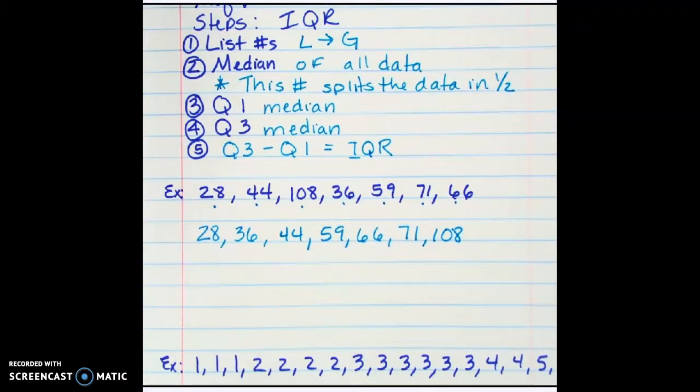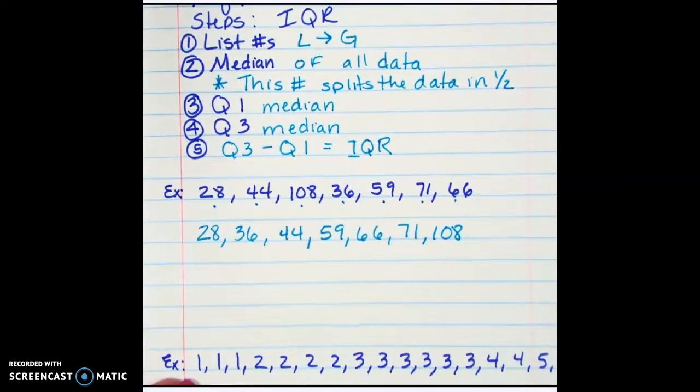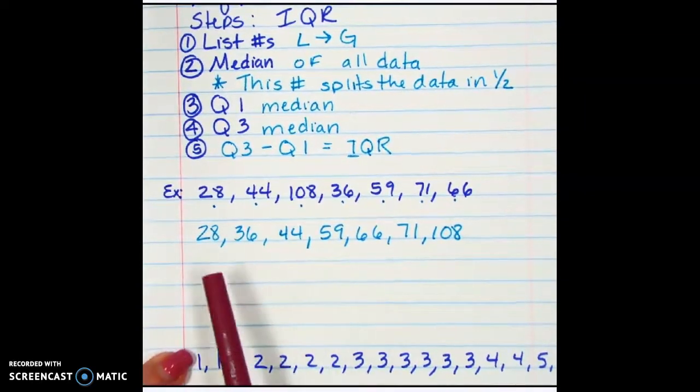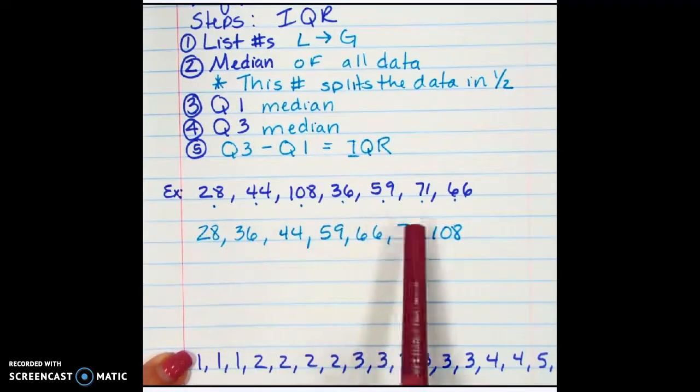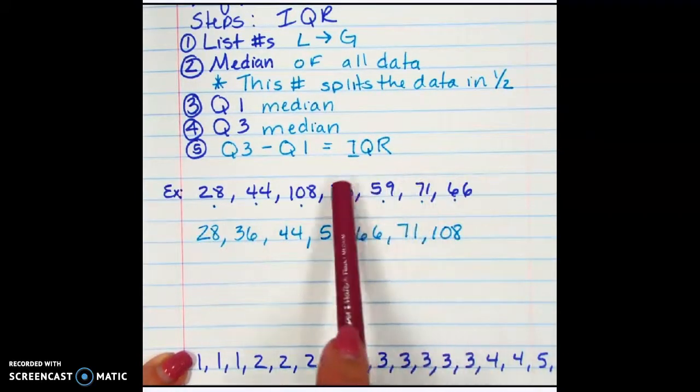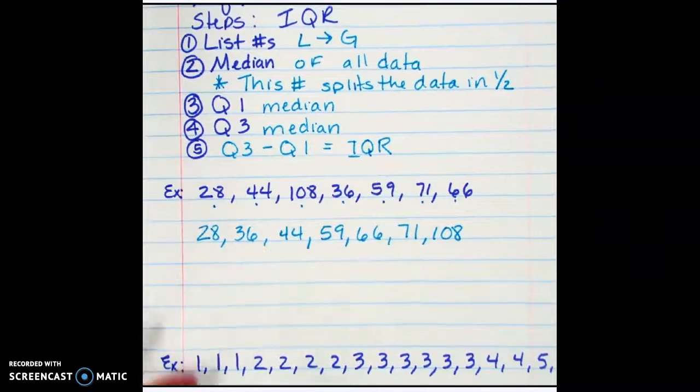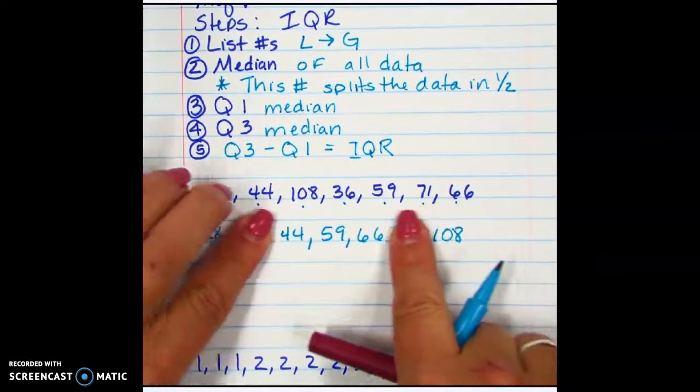Now I need to find the median of all these points. Well, I have to make sure that I find out if I have an odd or even number of data points, because depending on that is how I'm going to solve for the median. So there's 1, 2, 3, 4, 5, 6, 7. It's always good to check. So there's 7, so it's odd. So all I have to do is find the center.